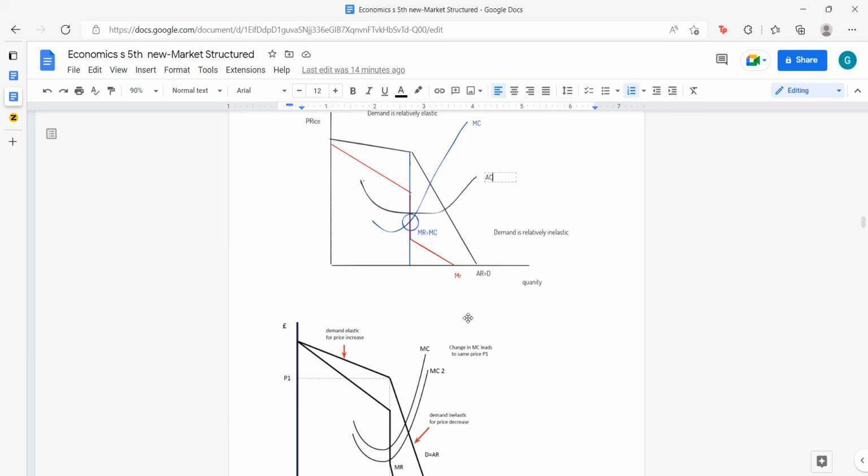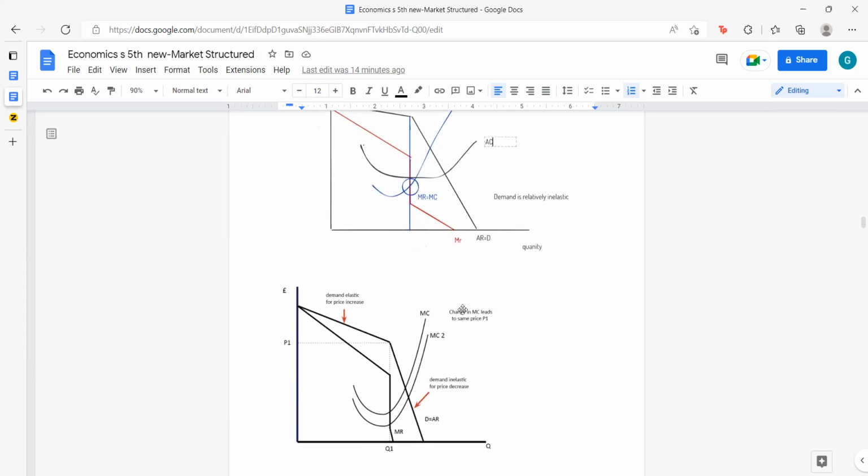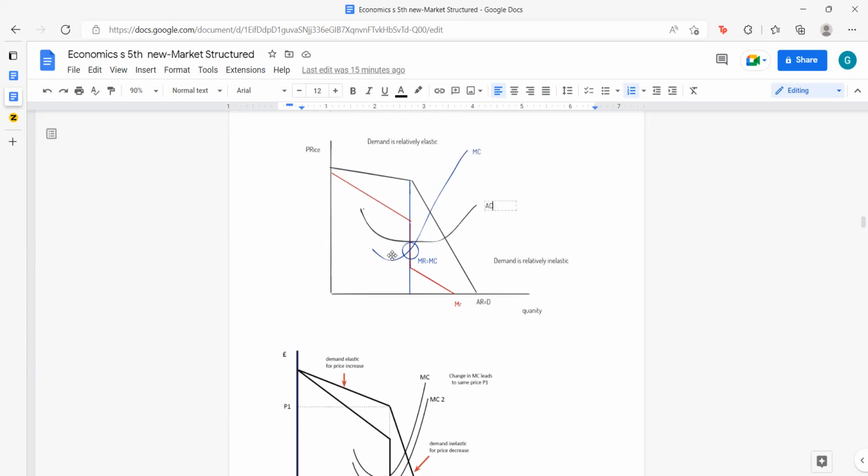Because MC again is the position where we are producing at. And the price would always be on this straight line drawn across at the same price there. Unless it's at the top, then it would be a different story.